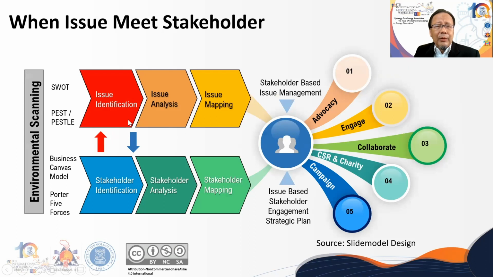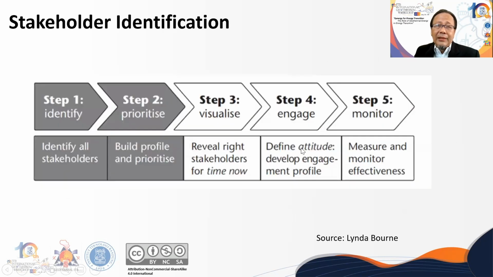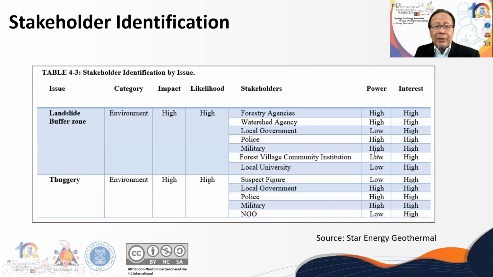We can also make a stakeholder identification using this method, but eventually it will come to the stakeholder issue management phase. And these are all the actions: stakeholder identification, from identification until the monitoring.